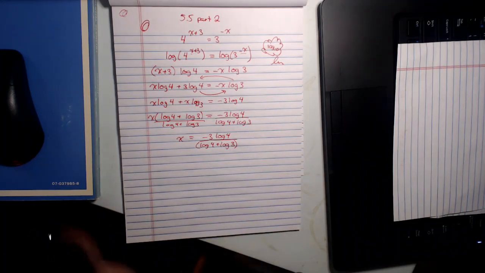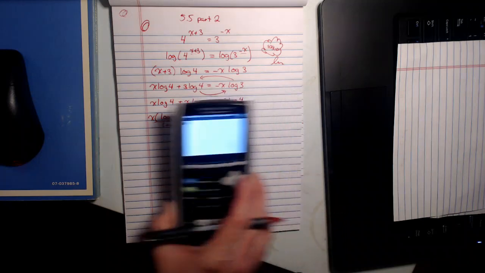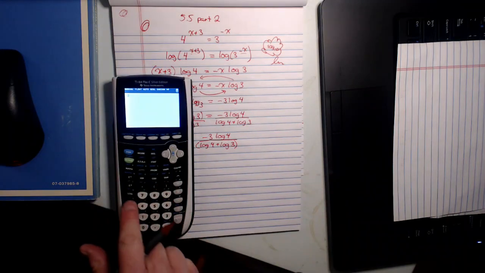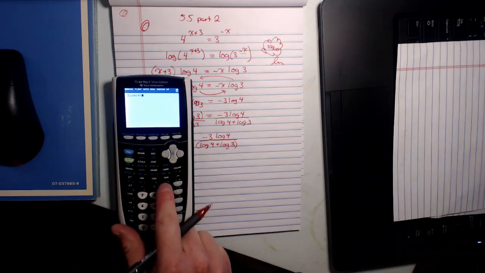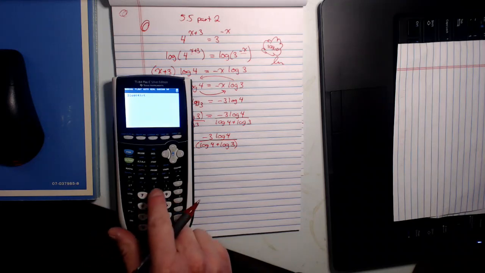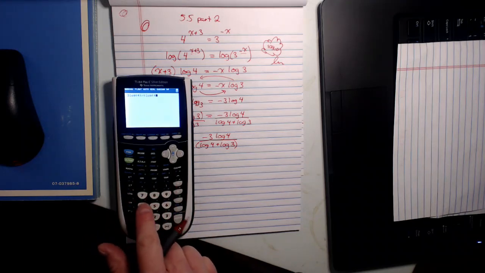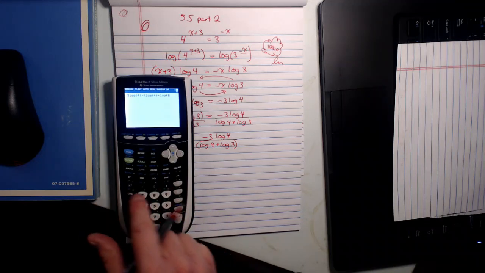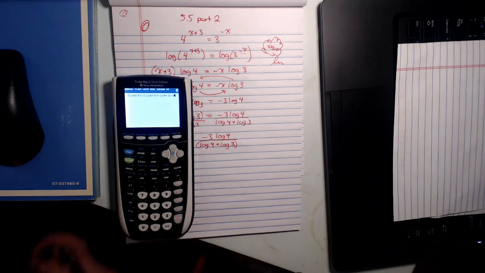Now to evaluate that on the calculator, you just type that in. So I'm going to do minus 3 log of 4, close parenthesis, divide, open parenthesis, and then I'm going to do log of 4, close parenthesis, plus log of 3, double close.